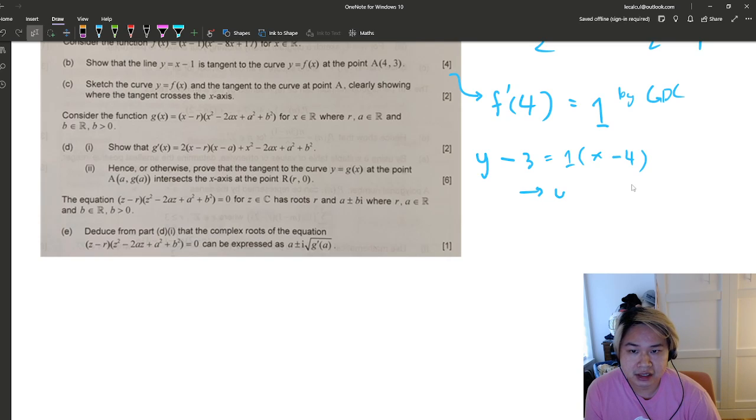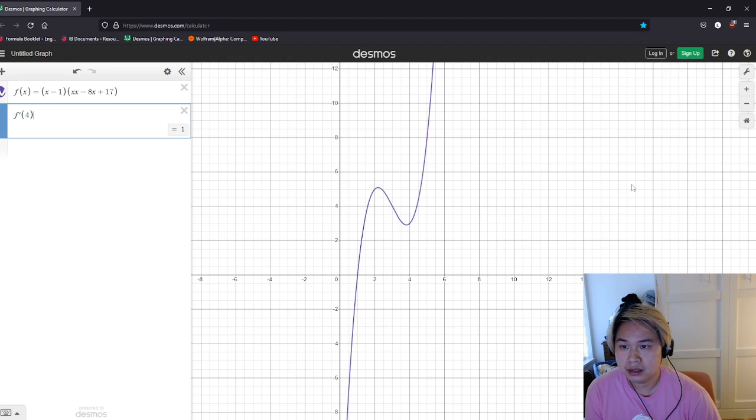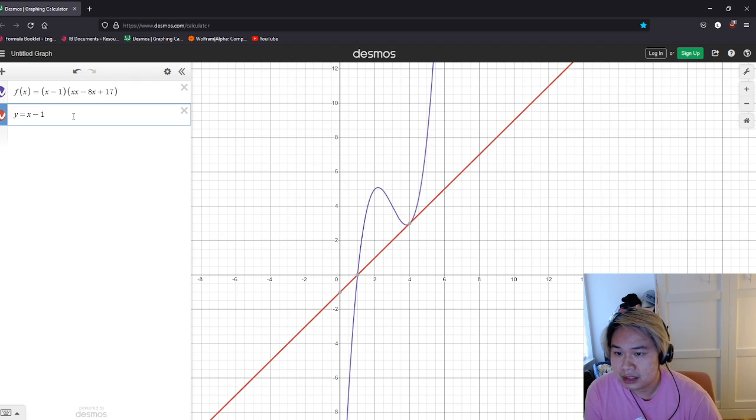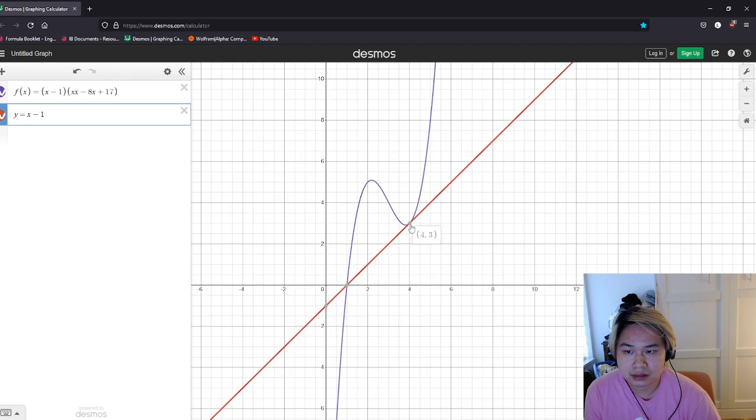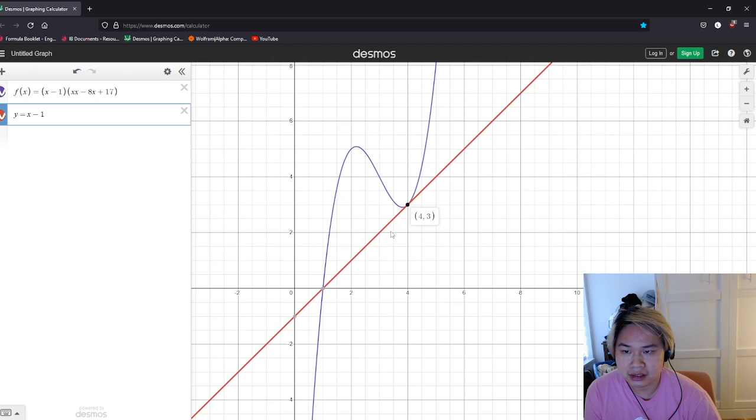And then rearranging this, we get y equals x minus 1. So as you can see, y equals x minus 1, right there is your tangent line.